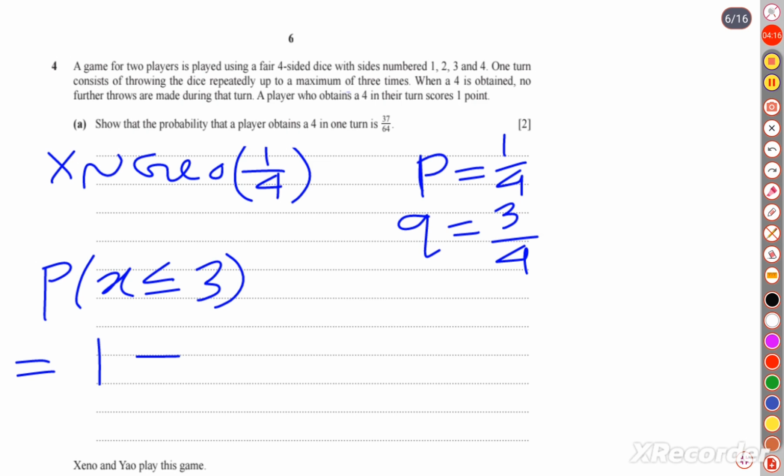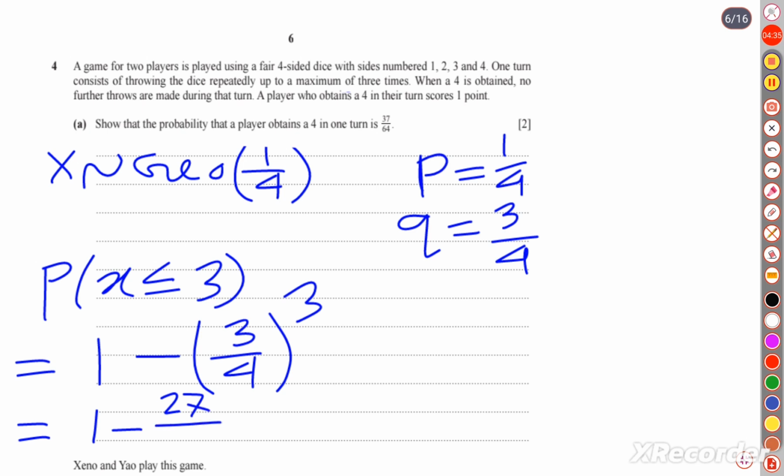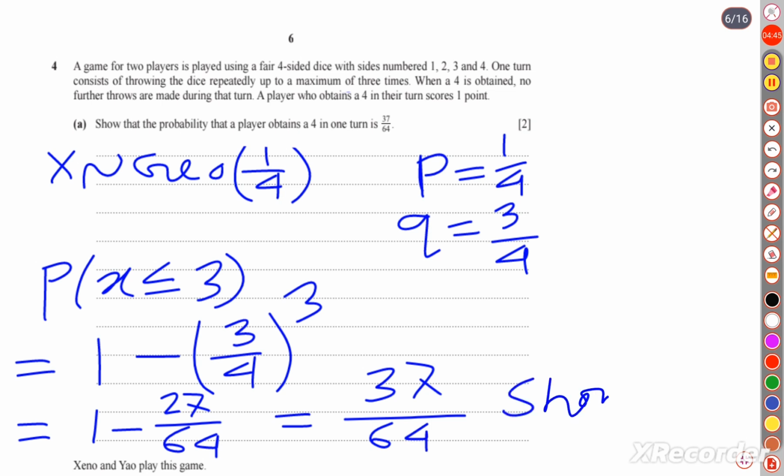Out of 3 times, somewhere he succeeded. So the answer is going to be 1 minus 3 raised to 3, which is 27 over 64. If we simplify, it is going to be 37 over 64. And they have told us to show this answer.